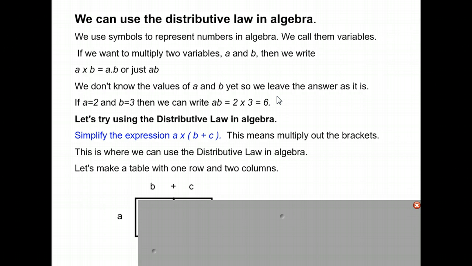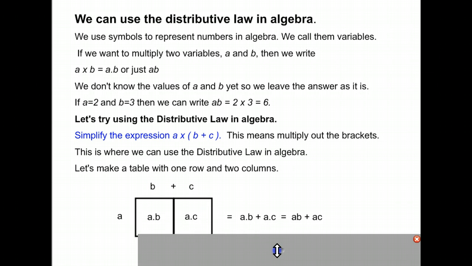Simplify the expression a times bracket b plus c close bracket. This means multiply out the brackets. This is where we can use the distributive law in algebra. Let's make a table with one row and two columns. So we've got a and we've got b plus c.